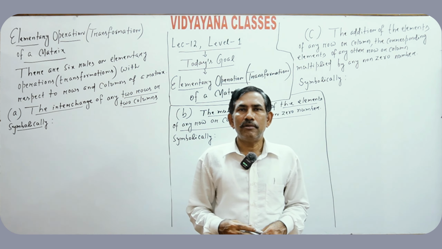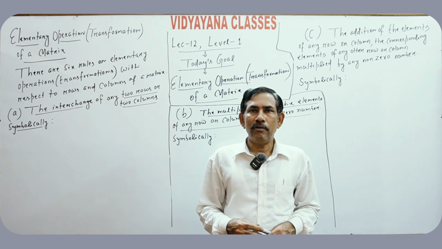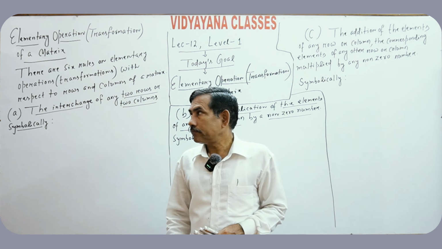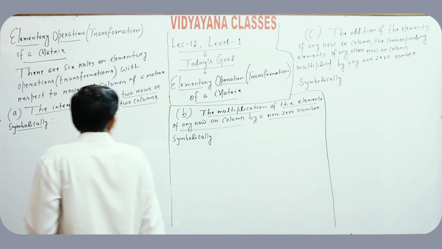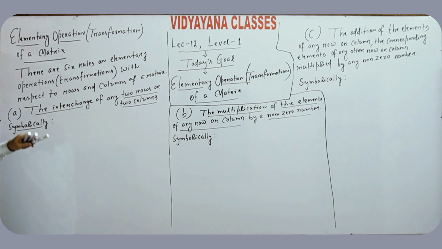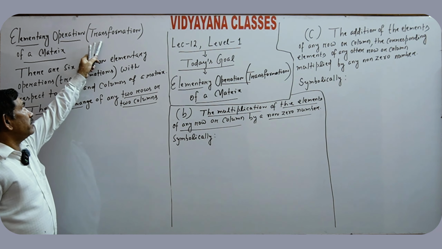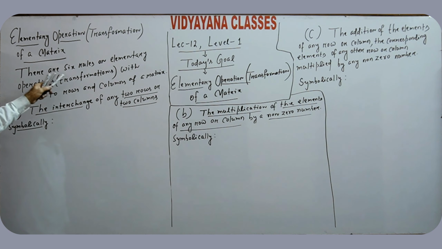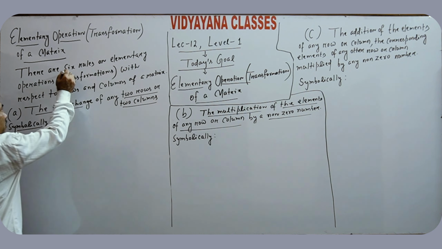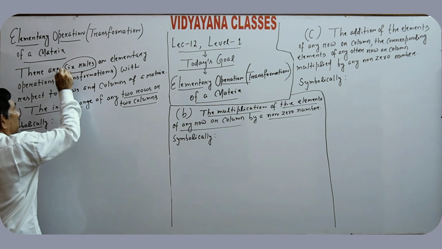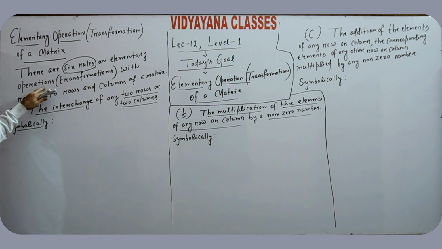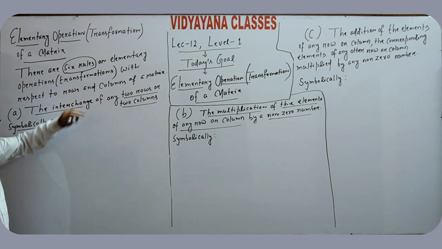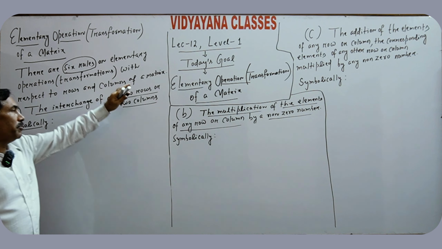Today we will discuss elementary operation or transformation of a matrix. There are 6 rules on elementary operations or transformations with respect to rows and columns of a matrix.